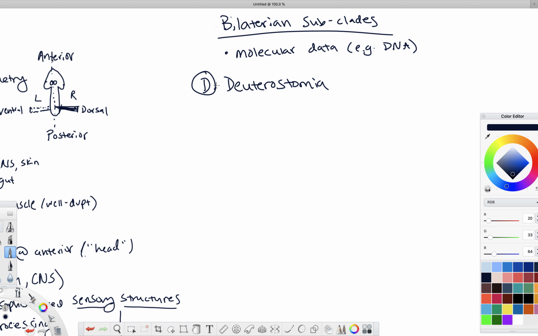It's really wild. I was trying to get a simplified version of it together, but it's highly varied. What I can tell you is all of Deuterostomia have classic deuterostome type development, which basically means the blastopore becomes the anus.